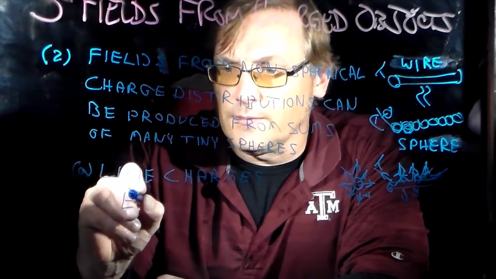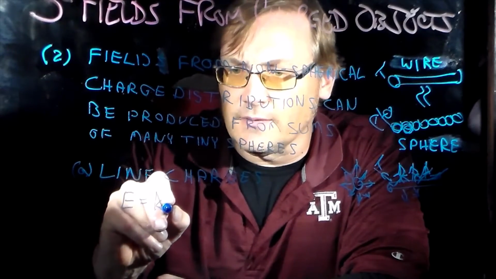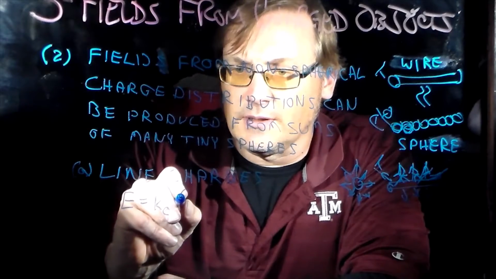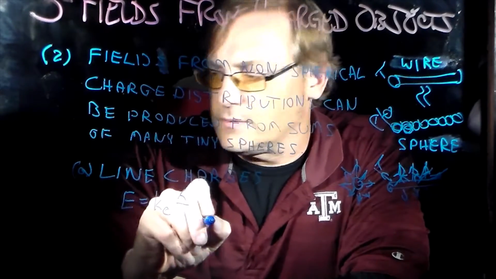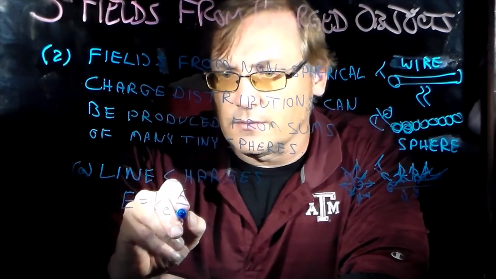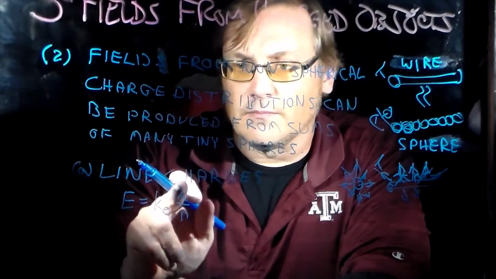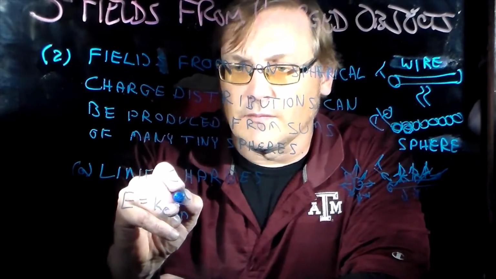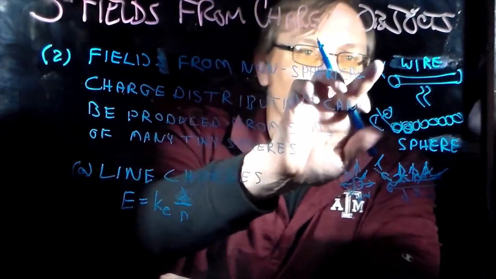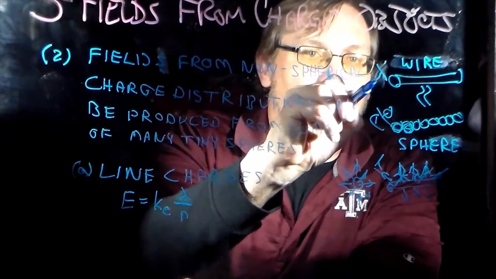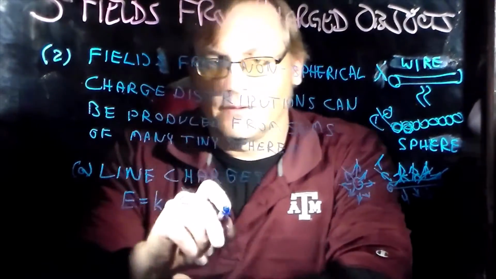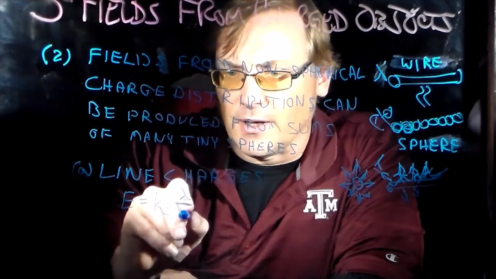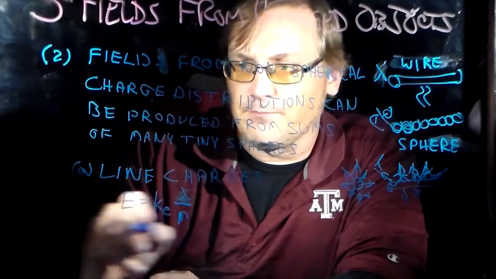So that field is going to be the Coulomb constant times lambda over r. I have to draw the Greek letters backwards as well. Okay, so that's the linear charge density divided by the distance from the center.